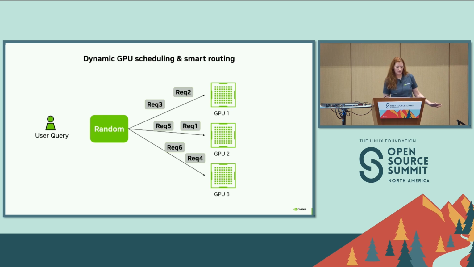Now let's talk about routing, request routing. We support the basic, well-known routing algorithm, random routing, when there is no clear algorithm or better idea where to send the request. Your request 1 can go to GPU 2, your request 2 can go, in this case, to GPU 1. It doesn't really matter. We support that, but what's happening, especially with LLM workloads, imagine that your request 1 and request 2 have almost similar context.